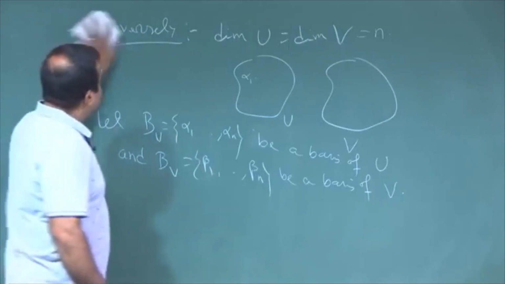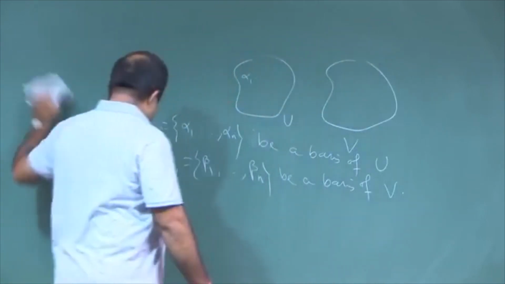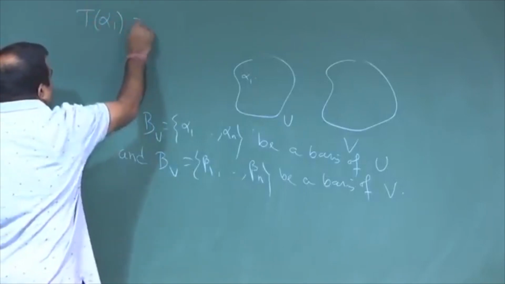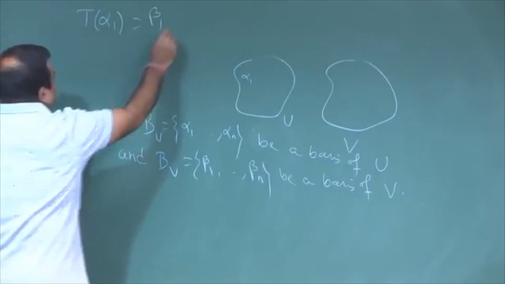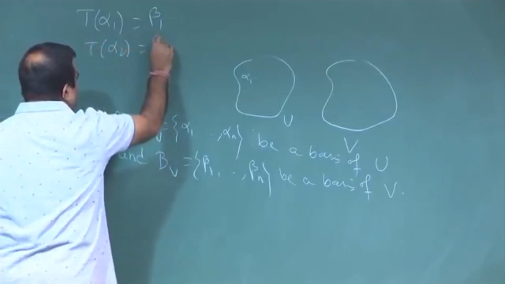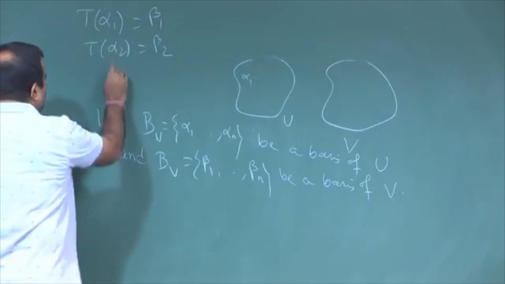Now, we define a linear transformation from U to V like this. T of alpha 1 goes to beta 1, T of alpha 2 goes to beta 2, and so on.